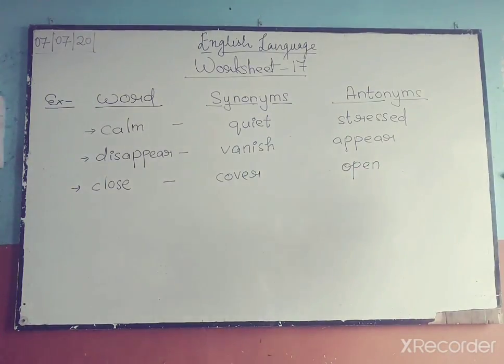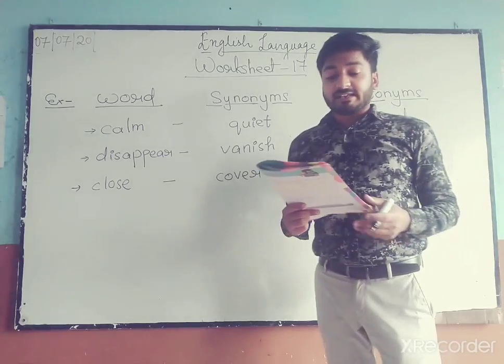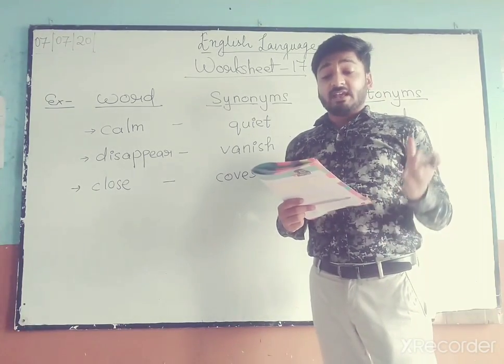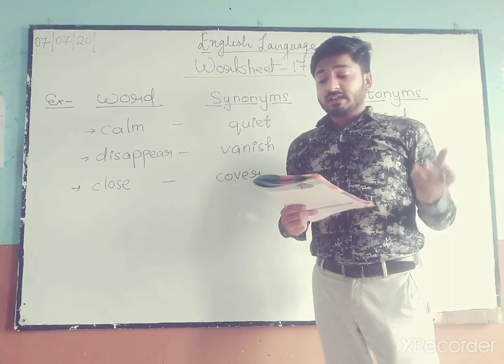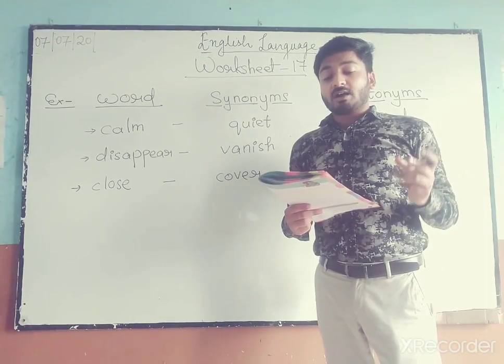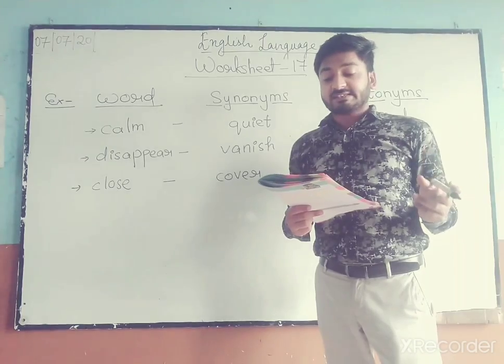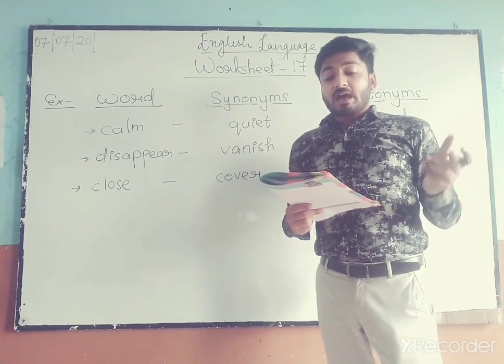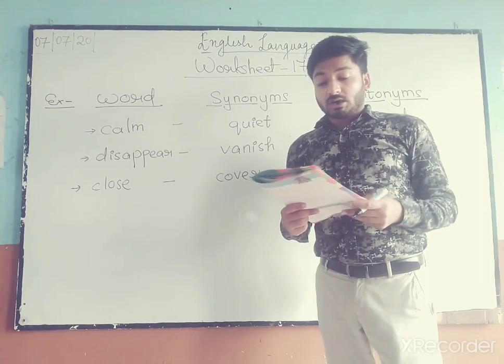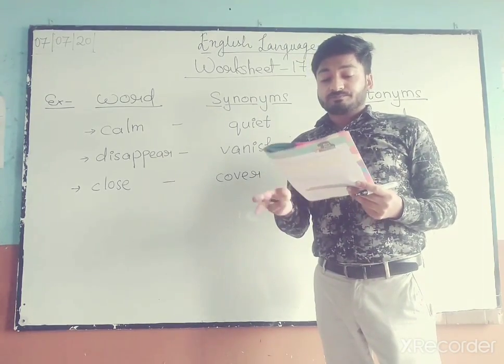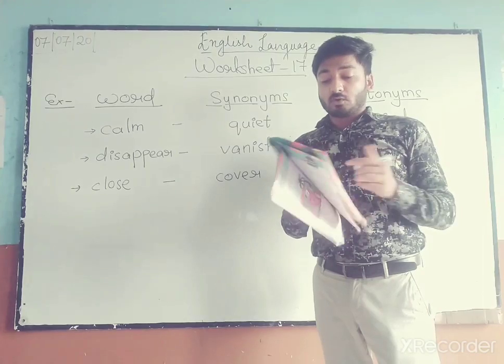Okay, it was easy. Now come to the next exercise, which is: use the prefixes in, dis, un, im before the words in the box and put them under the correct column. One has been done for you, observe how the words become opposite in meaning. Okay, so number 1 is done in all columns. 4 columns we have.